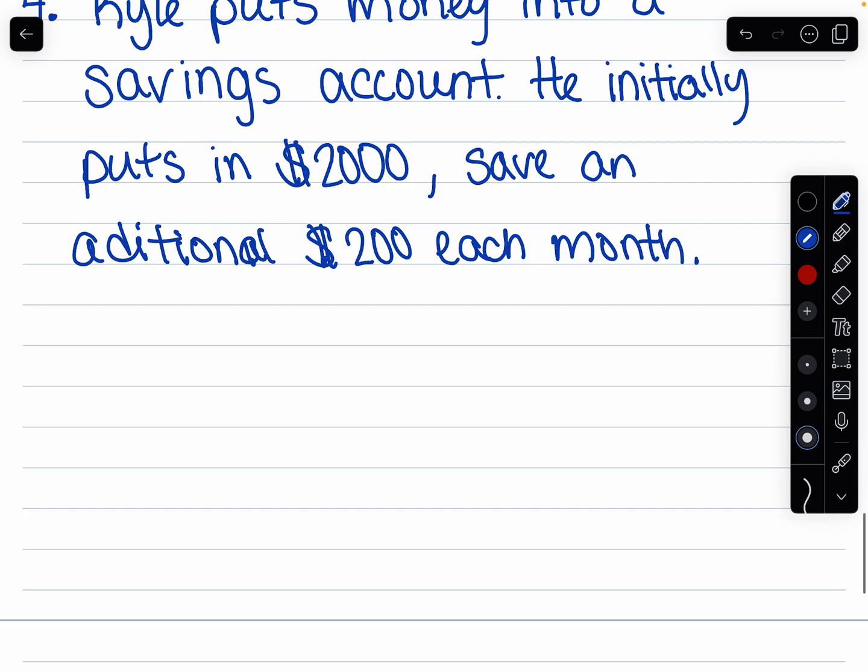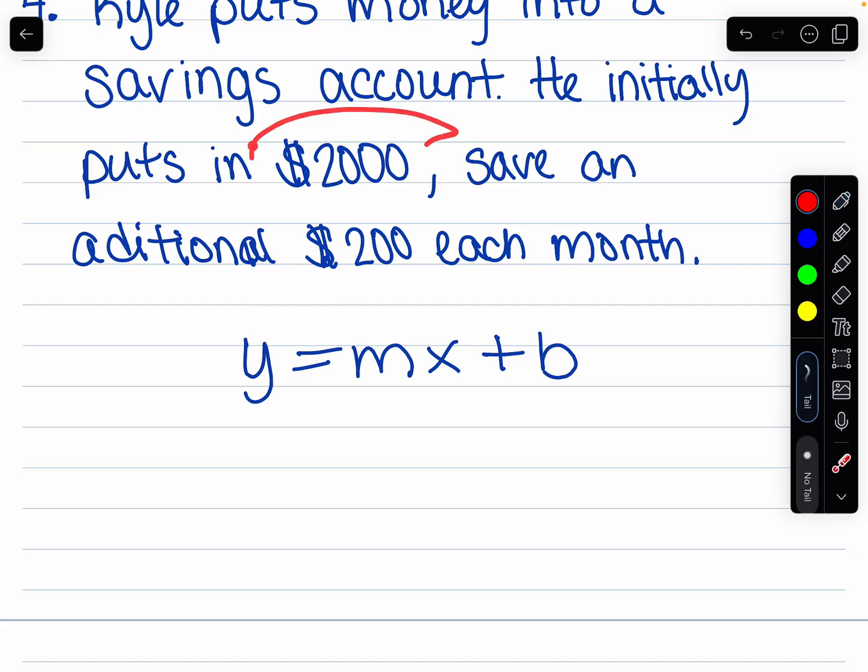So we still want it to look like y equals mx plus b. On this, all you have to do is figure out which number would be your y-intercept, and which one is going to be your slope. Now, when you have a word problem, the y-intercept is only going to happen how many times?